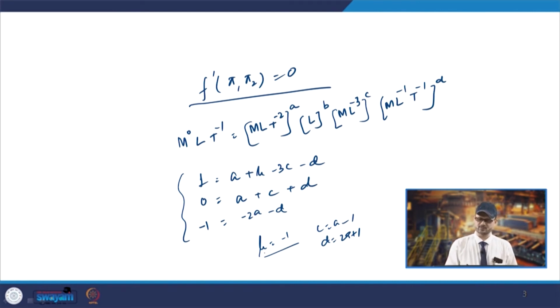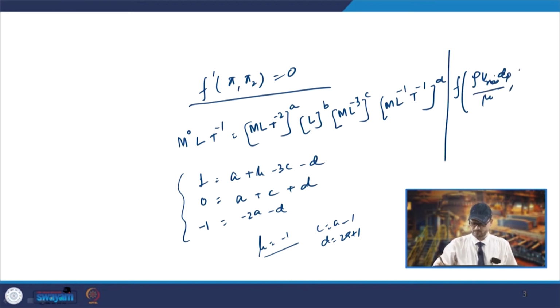So, you get b as minus 1 by some manipulation, and then you get c and d expressed in terms of a. You can further express this in terms of 2 quantities: f of rho v rise d p upon mu and W p rho by mu square will be equal to 0.